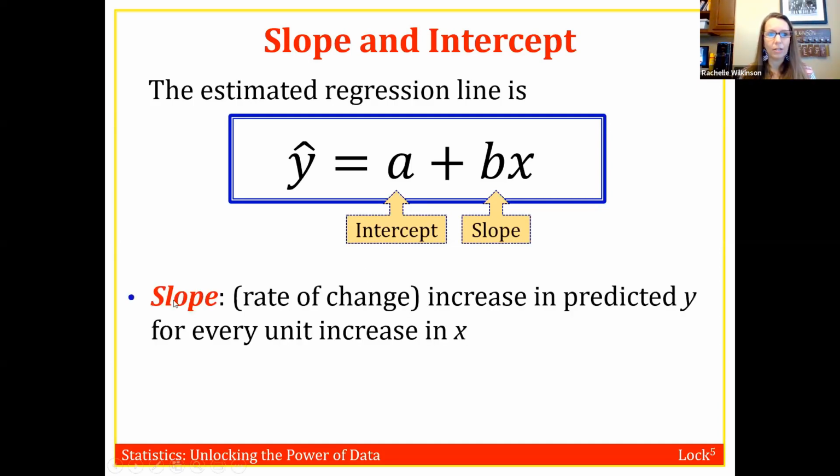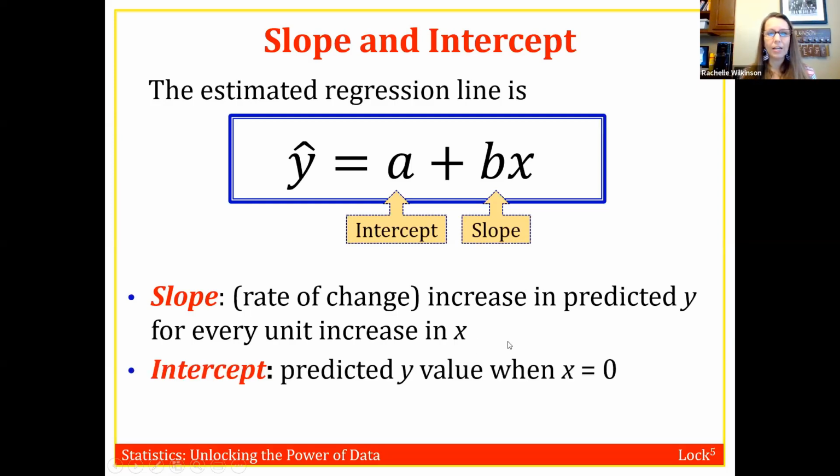So I do have those written down here. So slope, that's b. Slope is going to be the one that's attached to the explanatory variable. It's a rate of change, and it's the increase in the predicted y value for every unit increase in x. And then the intercept, so hopefully you write these things down even though I'm not typing them out for you. Intercept is the predicted y value when x is equal to 0. So if x is equal to 0, you would end up with y hat is equal to a.